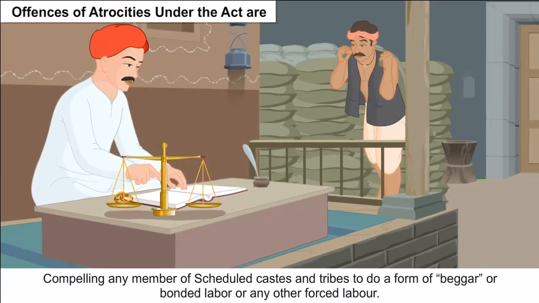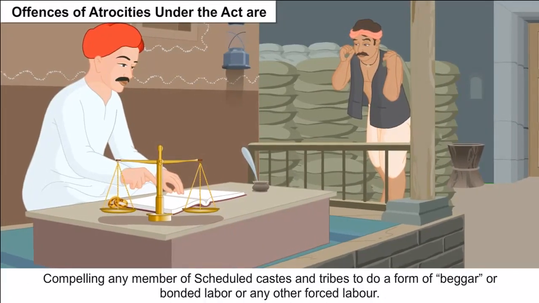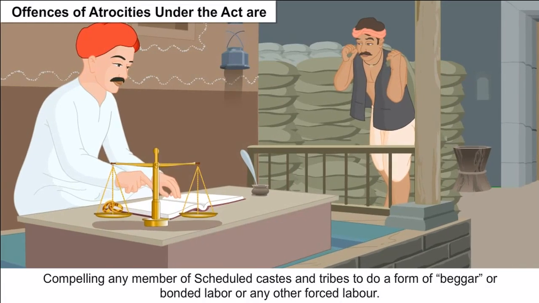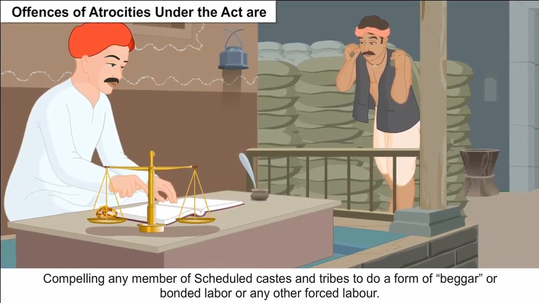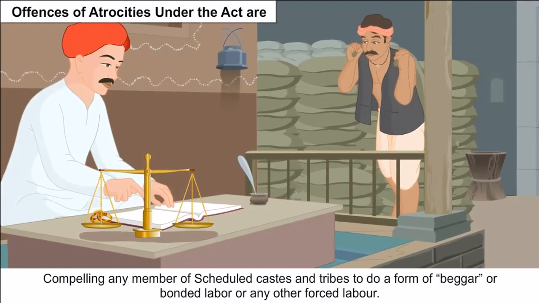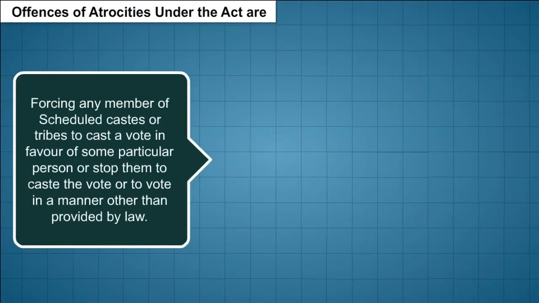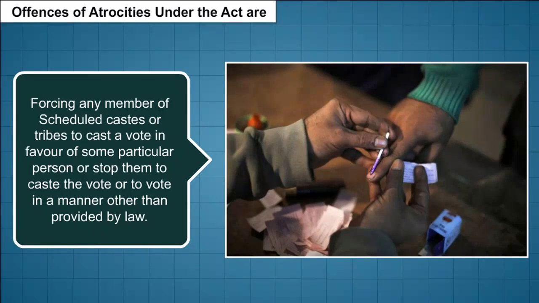Compelling any member of scheduled castes and tribes to do a form of begging or bonded labor or any other forced labor. Forcing any member of scheduled castes or tribes to cast a vote in favor of some particular person or to stop them from casting the vote or to vote in a manner other than provided by law.